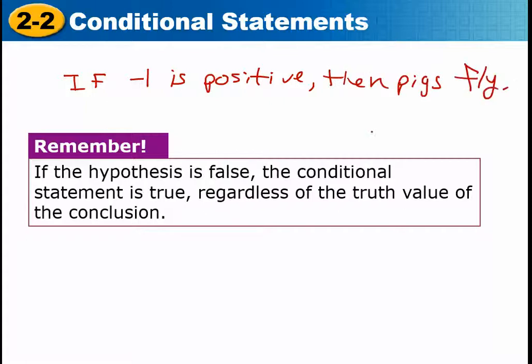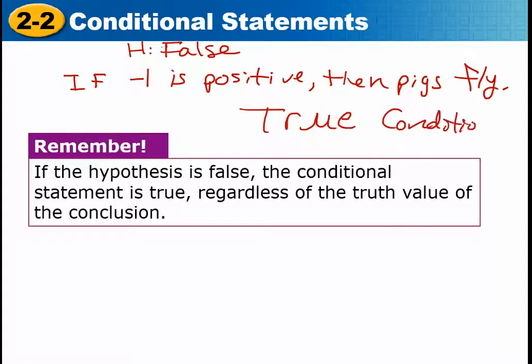This is a true statement because the hypothesis is false. -1 is not positive. So it doesn't matter how goofy the conclusion is. This is a true conditional because the hypothesis is false. It's like if -1 is positive in some world, then I guess pigs fly. So it's true.